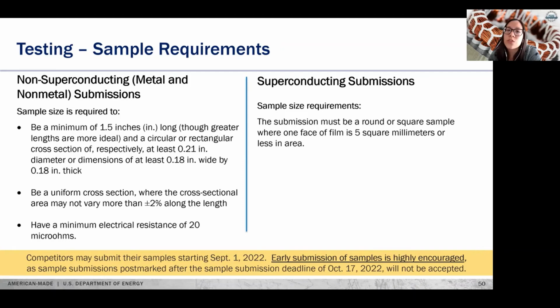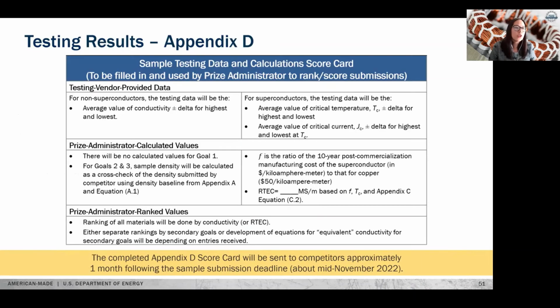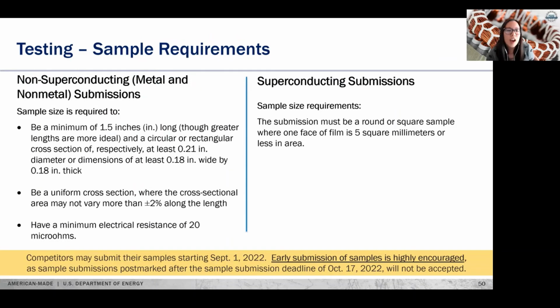Now, for folks with superconducting submissions, the requirements are a little simpler here. You just need a round or square sample, and one face of the film is 5 square millimeters or less in area. You can start submitting your samples starting September 1st, 2022 of this year.